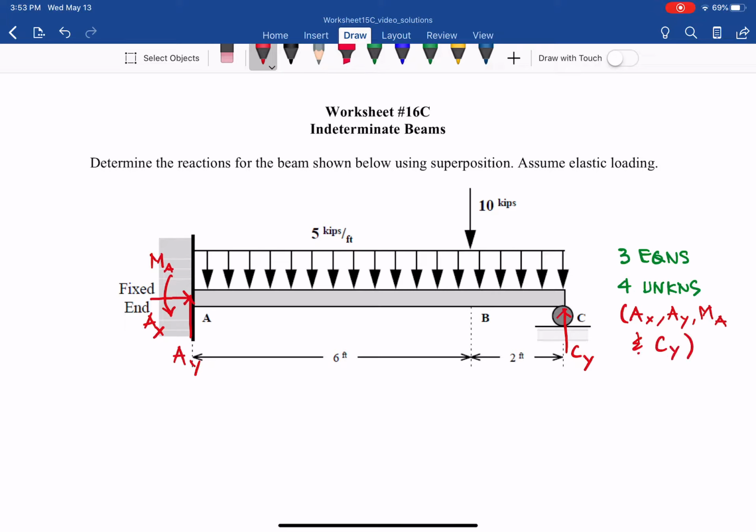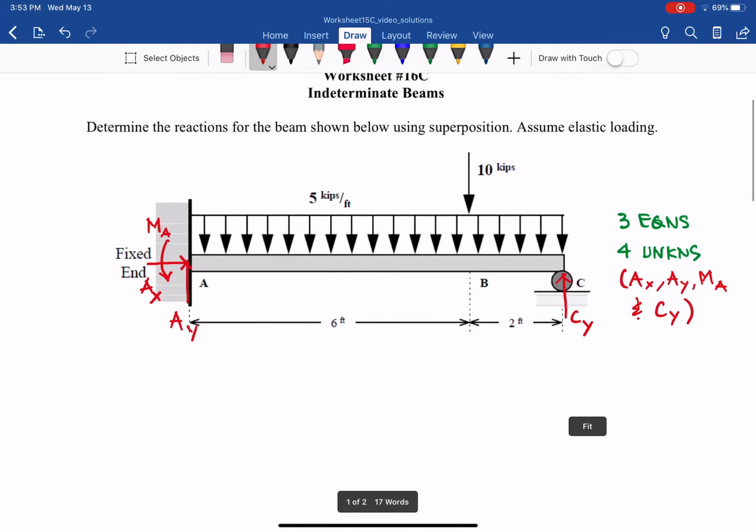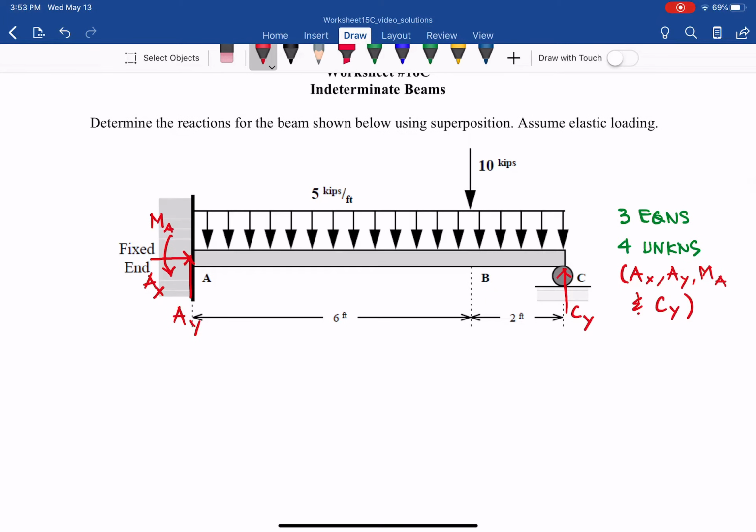With that, we cannot solve, because the number of equilibrium equations is not enough to solve for the external reactions. We call that a statically indeterminate structure.